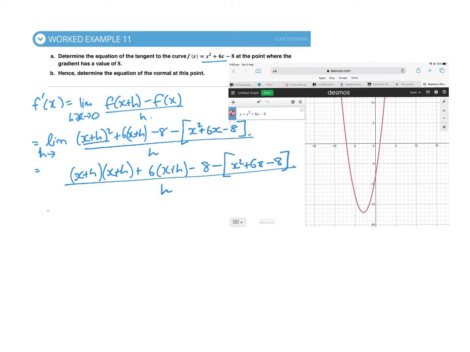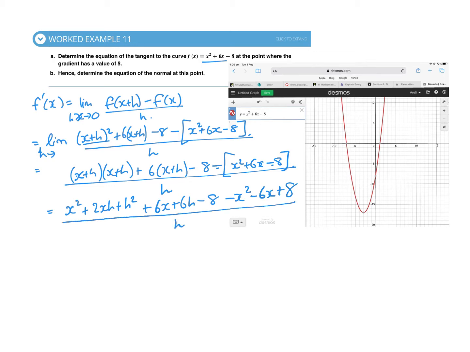So I've just expanded that bracket, and now if I expand it right out to a polynomial, x squared plus 2xh plus h squared, and then we're going to expand out the second bracket, and that becomes 6x plus 6h minus the 8, and then we're going to minus away everything inside this bracket. So we're going to minus away the x squared component, we're going to minus away the plus 6x, so it's going to become minus 6x, and we're going to minus the negative 8, which is the same as adding 8, effectively, all divided by h.